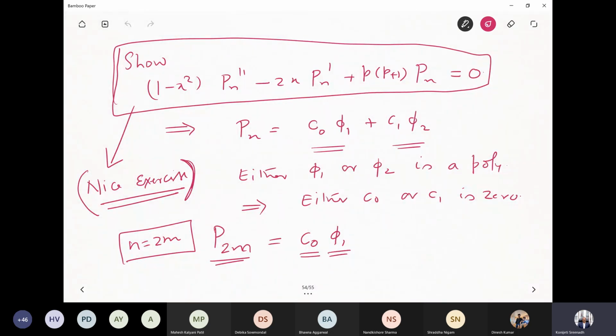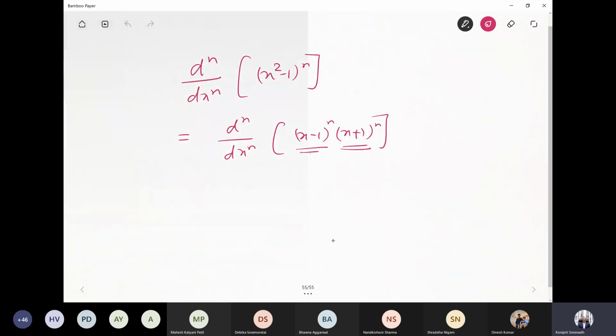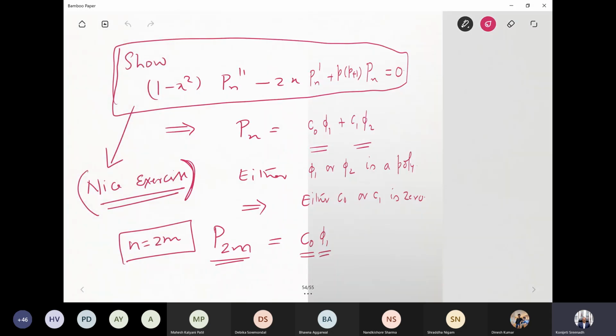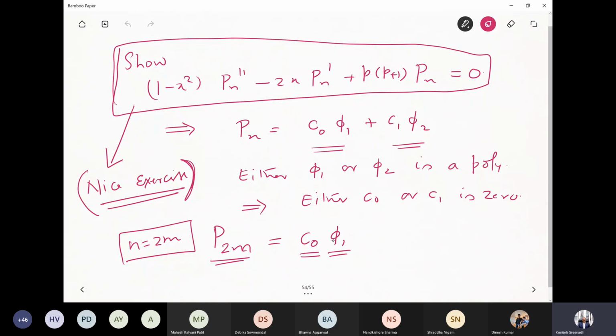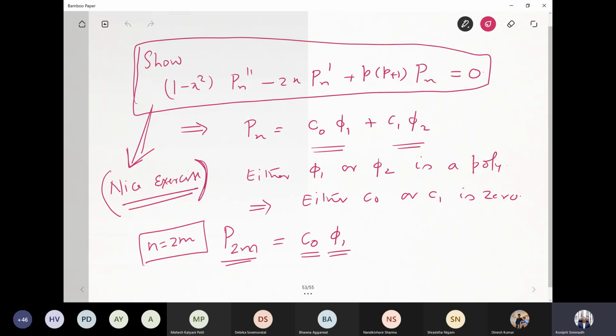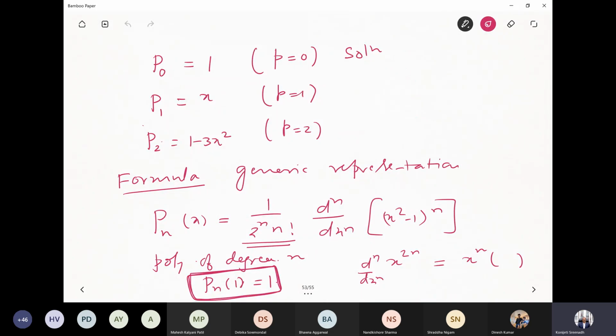But you can try. Otherwise, I will do it in the coming tutorial class on Wednesday. But try to do these two things before that. Use your idea of calculus to show that this satisfies this equation, and that for the given formula, Pn at 1 is 1.